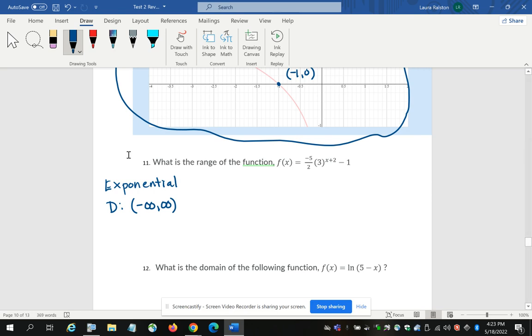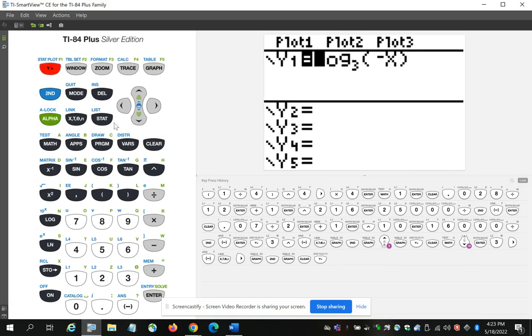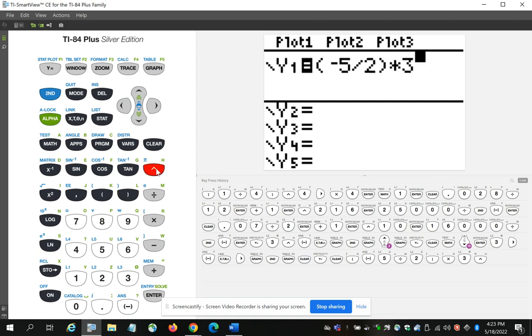So if I want to look at the graph of this function, I'm going to take this equation and put it into my calculator. Okay, so I would have the negative 5 divided by 2 times my base of 3, which is raised to the exponent of x plus 2, and then we have minus 1.